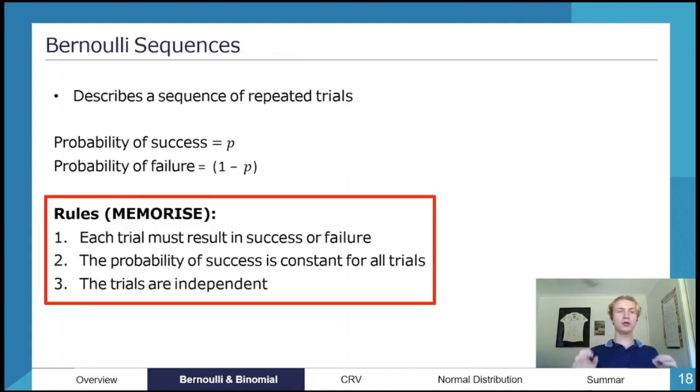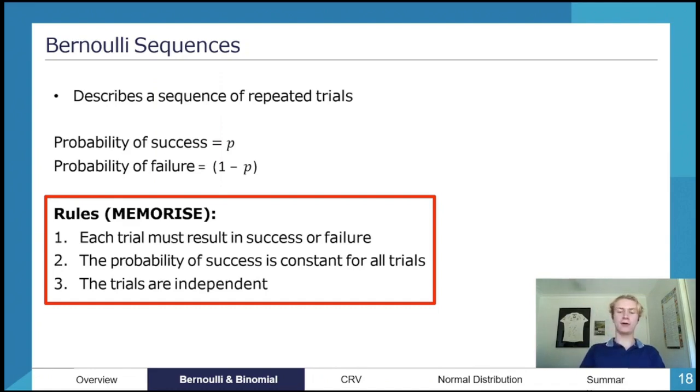Okay, Bernoulli sequences. So we've talked about discrete values. We've talked about continuous. We've talked about how to find the means, the standard deviations via the variances. And I've also described to you how you would find the probability for each of those.